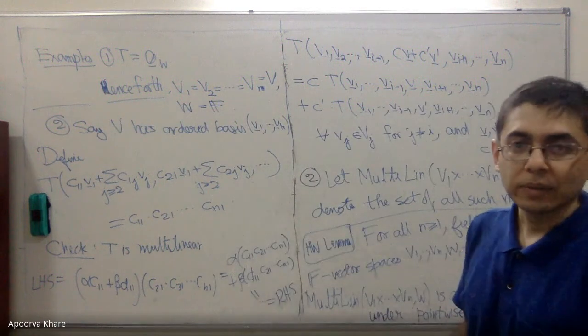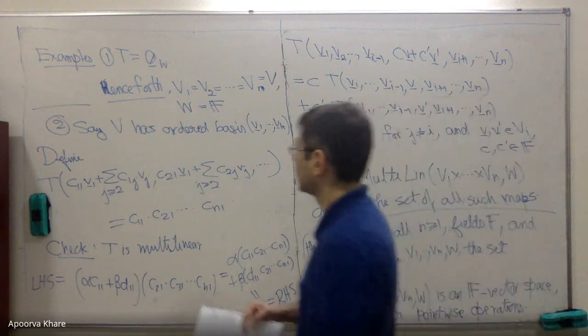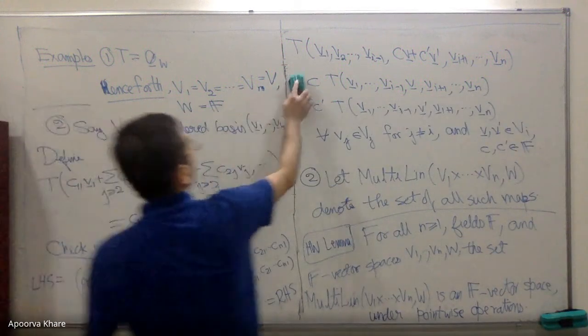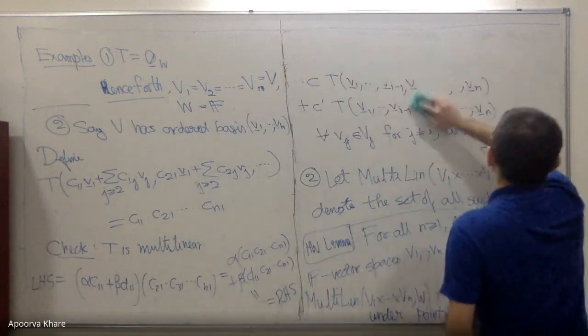That is how you would check that something is multilinear. Okay. That is the second example.